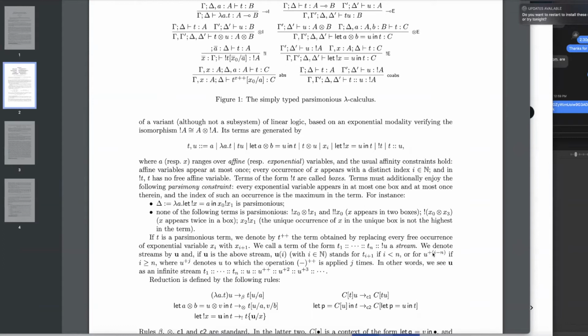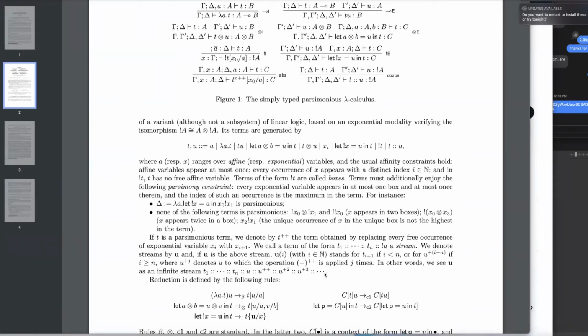So u_n is going to just be u. u_(n+1) is going to be u plus plus. u_(n+2) is going to be u plus plus 2, and so on. So he writes it out down here. Does that make sense? So the bold term u is thought of this way. Does that make sense?